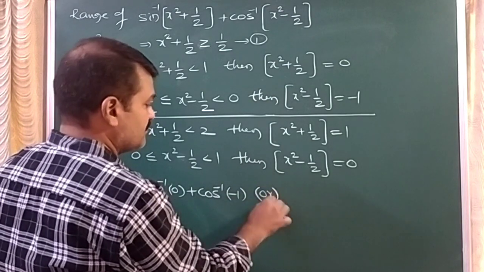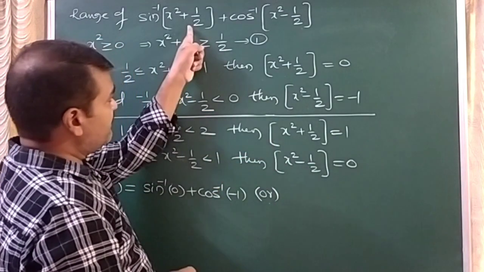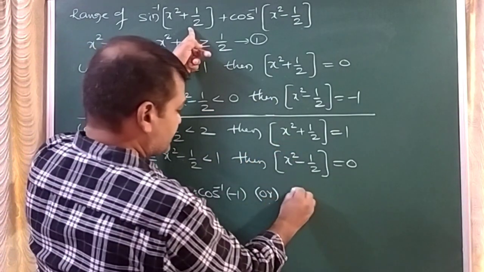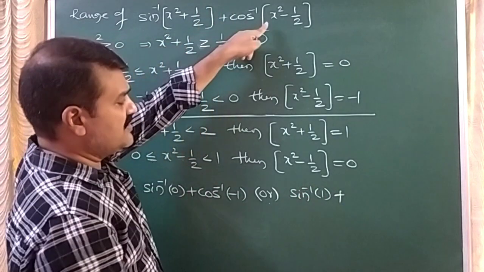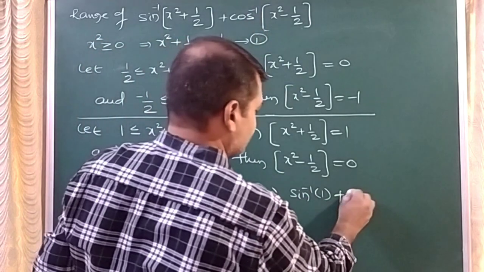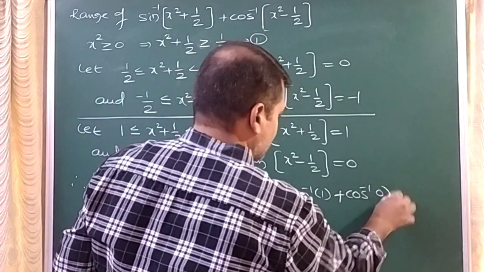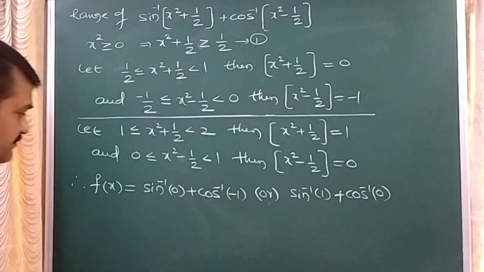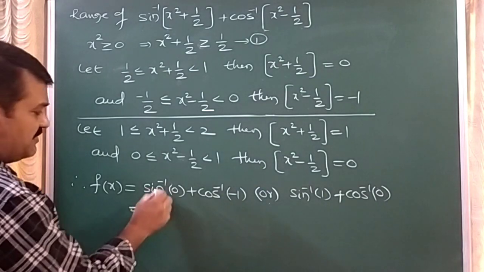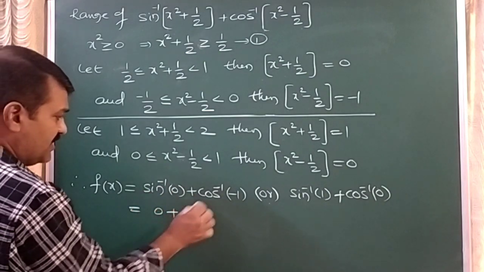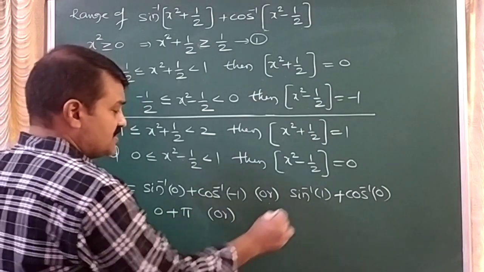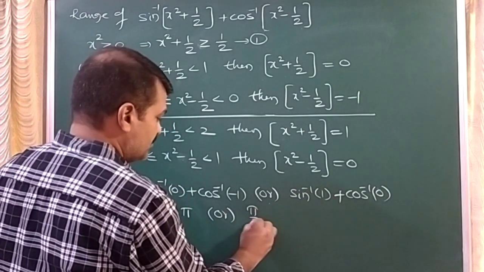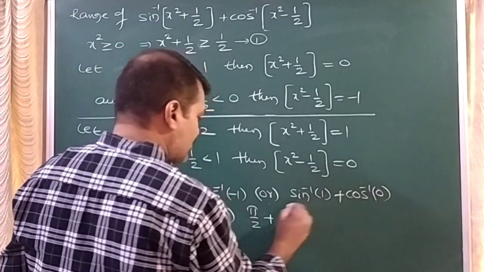Or when the first bracket is 1, we got the second bracket as 0. So these are the possibilities. So f(x) will be sin⁻¹ 0, which is 0 only; cos⁻¹ of −1 is π; sin⁻¹ 1 is π/2; cos⁻¹ 0 is also π/2.